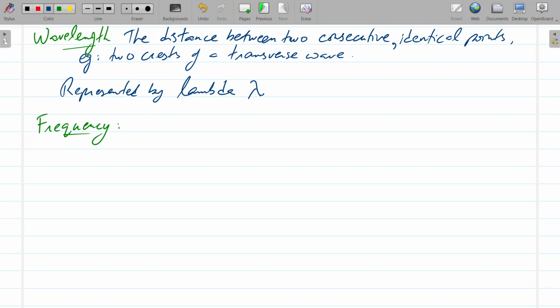Frequency is the number of waves that pass a point per unit time. What does this mean?